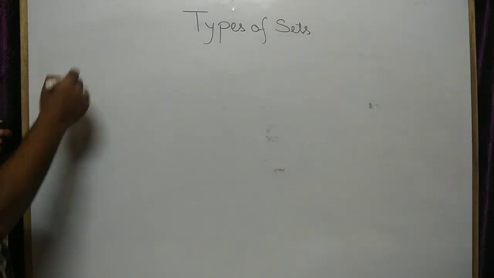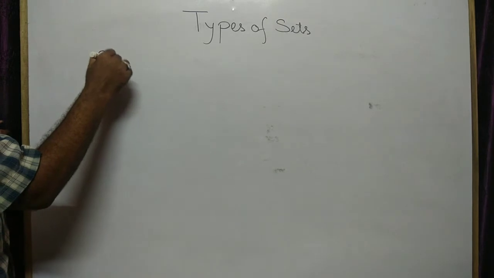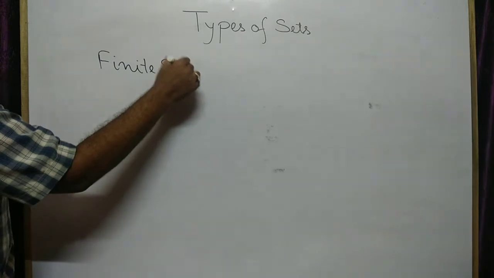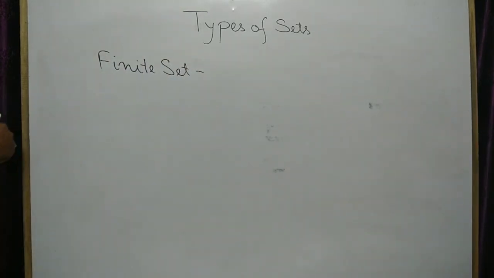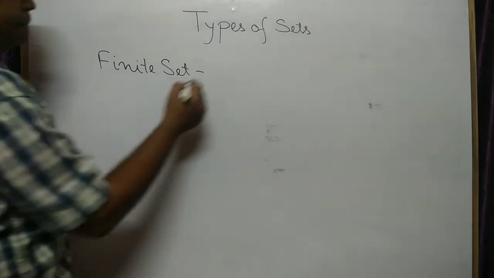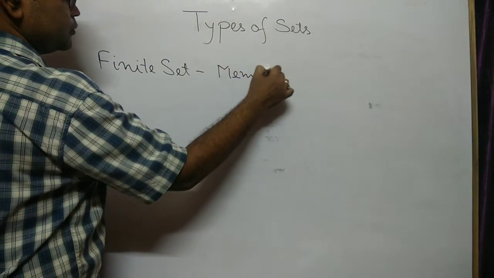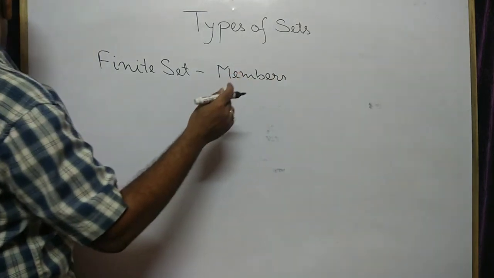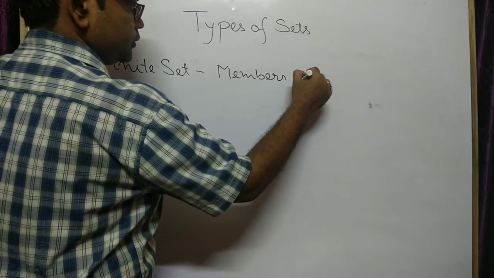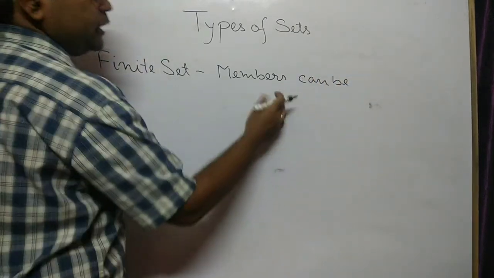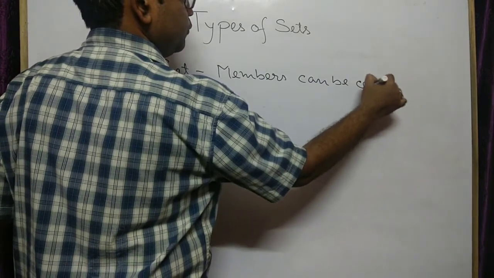We'll start from the finite set. The first one is your finite set. What are finite sets? As the name defines, if we are able to count the members, then this type of set is known as your finite set.